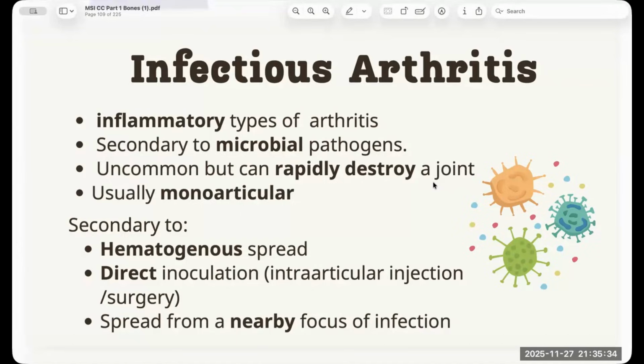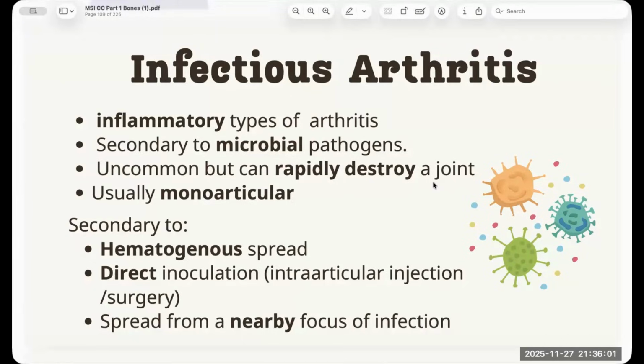Then the spreading can either be hematogenous, so through blood vessels, or direct inoculation. So it's because of surgery or an injection, like some of the treatments given to patients with joint diseases, where they give injections directly into the joint space.